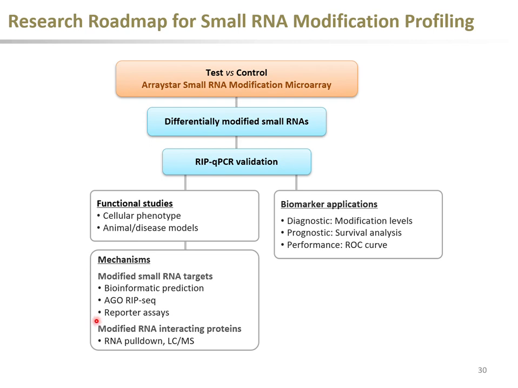The proteins that complex with modified small RNAs can be pulled down and identified by LC-MS, liquid chromatography and mass spectrometry. The differentially modified small RNAs, particularly from the biofluids, can be studied as diagnostic biomarkers or with survival data for prognostic markers. The biomarker performance can be evaluated for the sensitivity and specificity by ROC curve analyses.